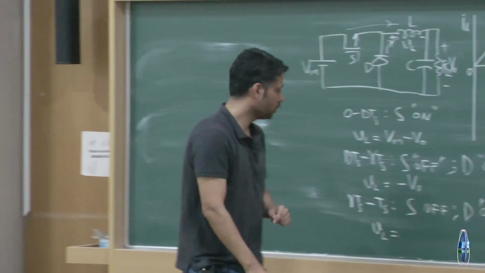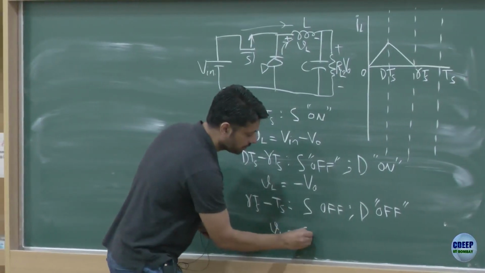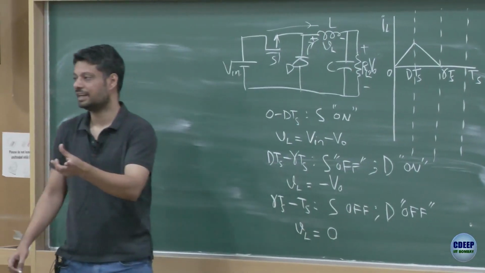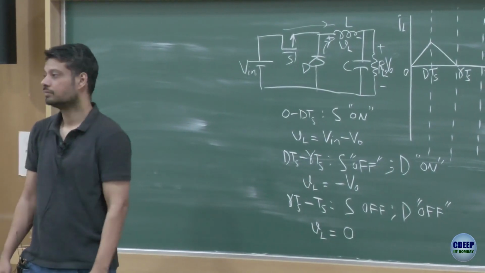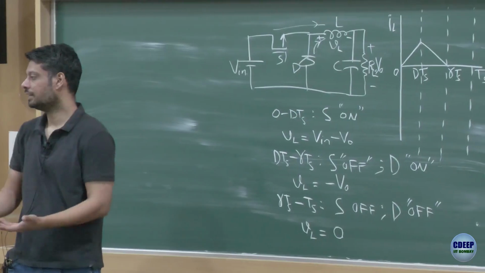Okay. Voltage across the inductor is 0, because if there is an inductor and there is no current, voltage has to be 0, right? There is no current, there is no di by dt, nothing, it is just 0.